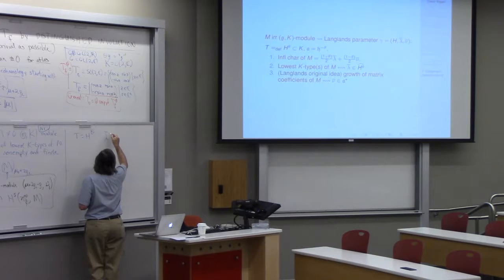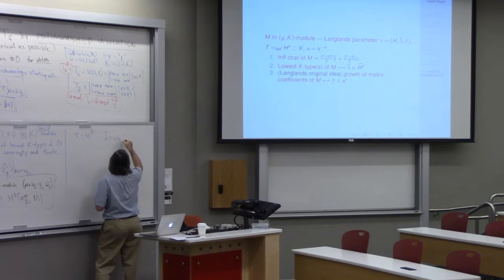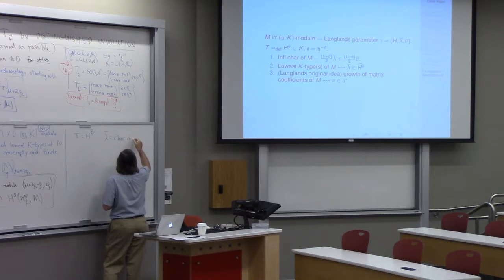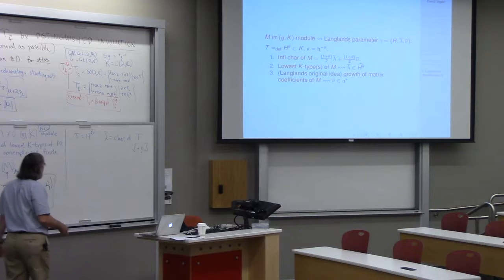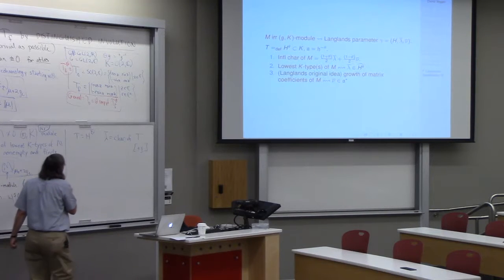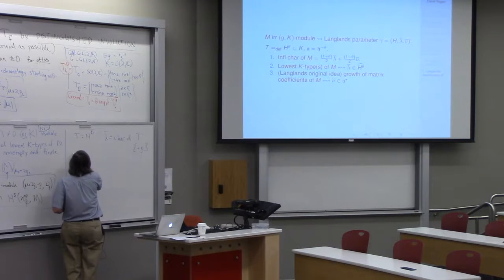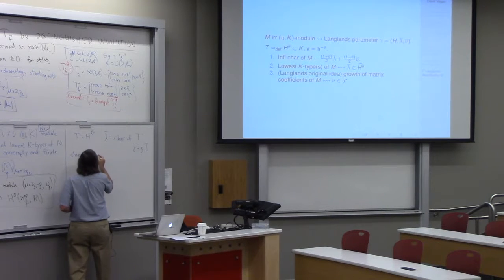This lambda bar is supposed to be a character of T. Well, there's some rho shift.